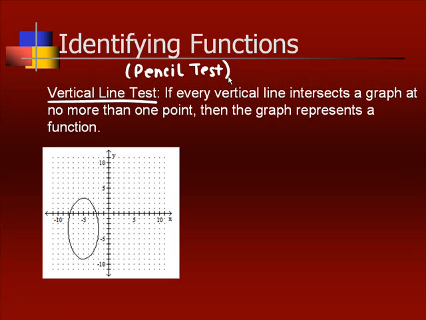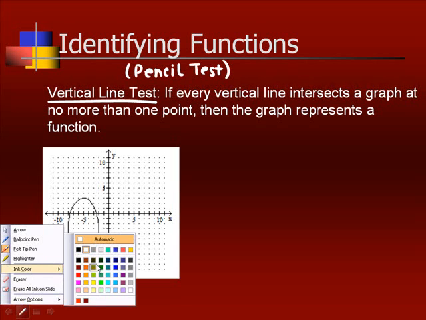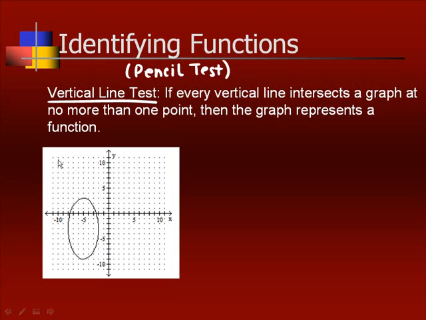For instance, if we can draw a vertical line everywhere on that graph, and we only intersect the graph in one spot, or at most one spot, then it is a function. For instance, here we did not hit the graph in more than one spot. Here we hit the graph in several spots. Therefore, this is not a function.